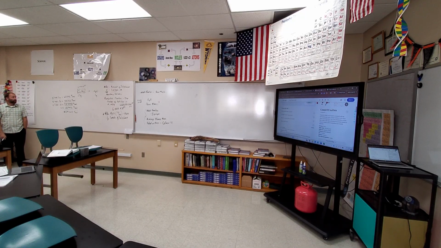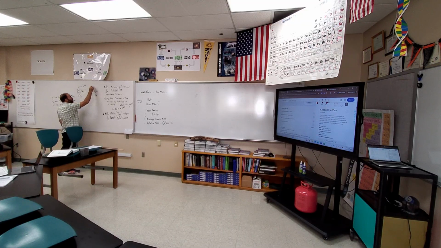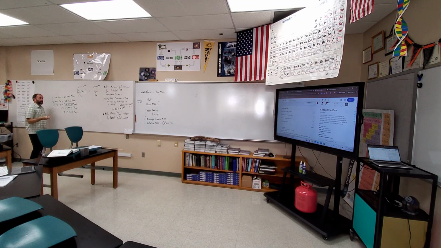All right. What would the mass be if I gave you 6.02 times 10 to the 23rd pieces of water? What would that weigh? Well, I have 2 hydrogens and 1 oxygen. So 1.00794 twice, and then 15.9994.